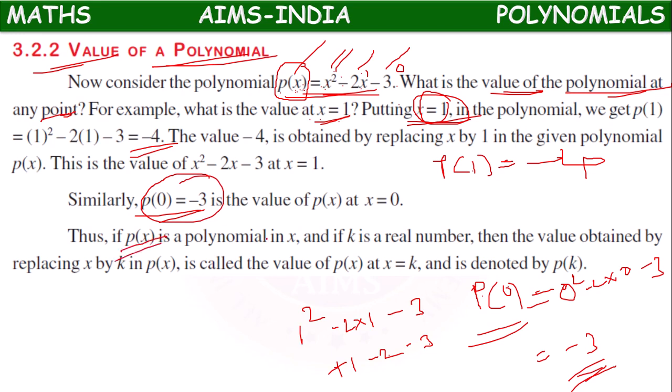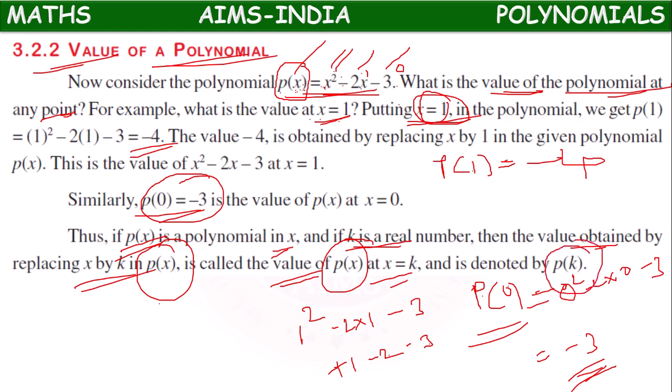So if p of x is a polynomial in x, and k is a real number, then the value obtained by replacing x by k in p of x is called the value of p of x at x equal to k and is denoted by p of k.